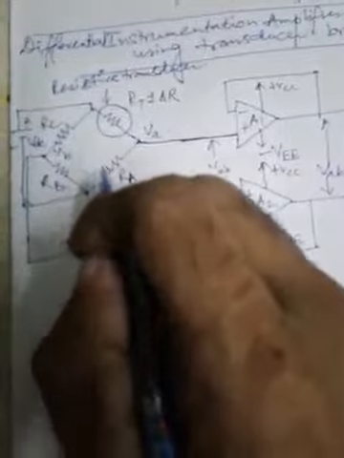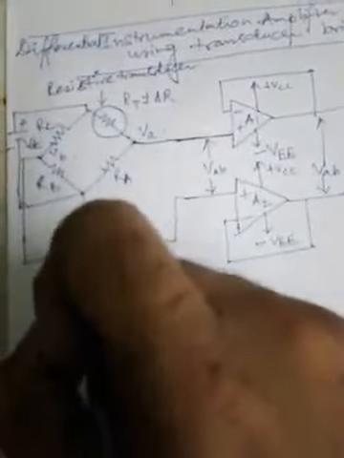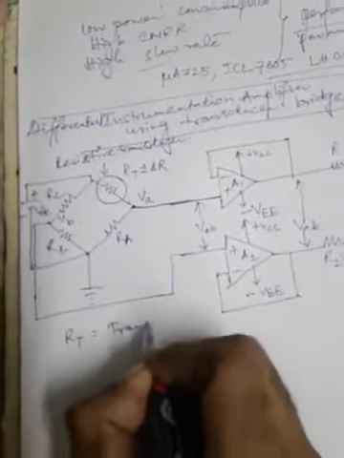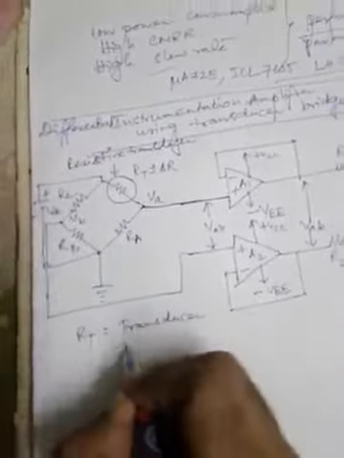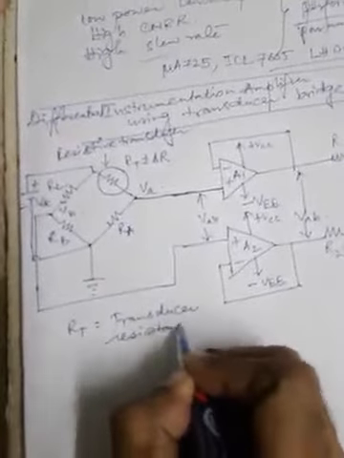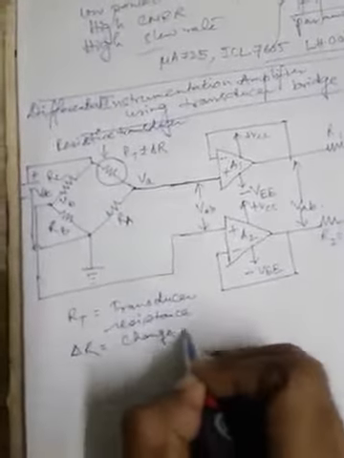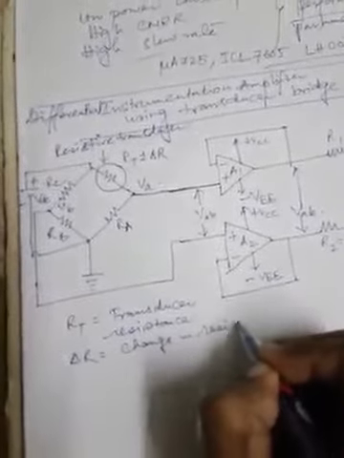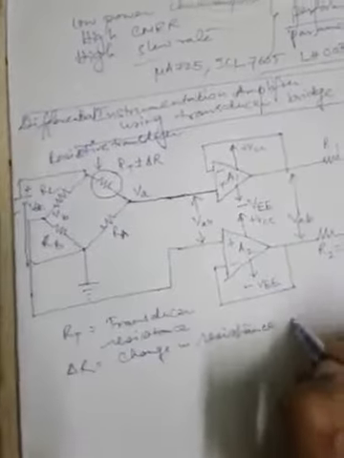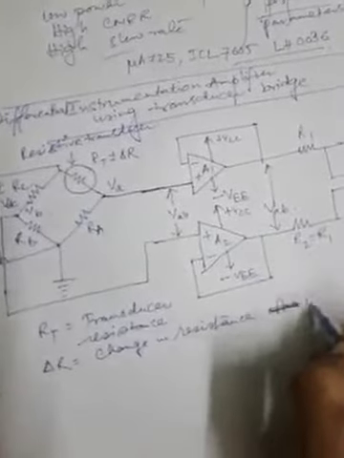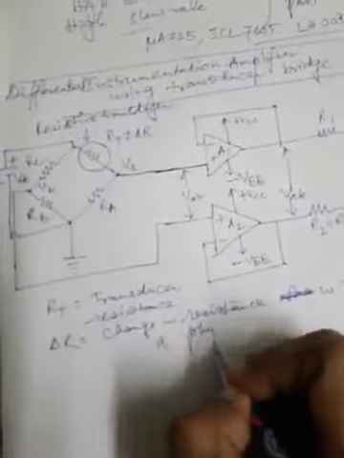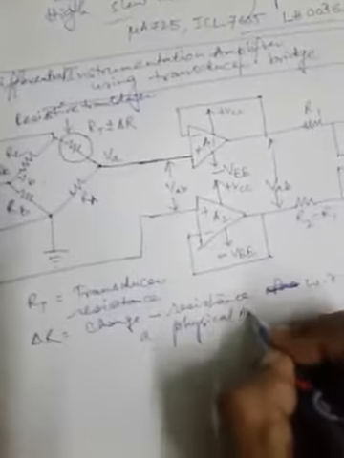RT is the resistance of the transducer when there is no change, and delta R is the change in the resistance. So RT is transducer resistance here, and delta R is change in resistance when a physical quantity is measured. Change in resistance with respect to a physical measurable quantity.